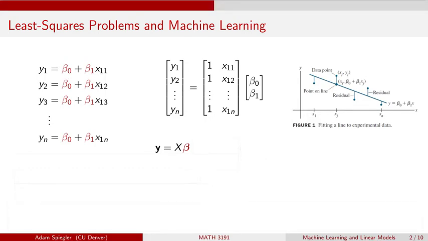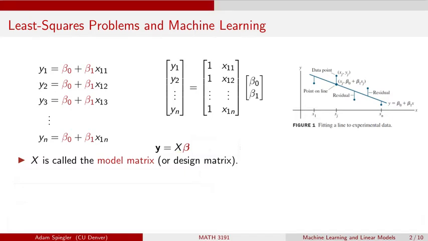So we have a matrix equation to go along with that system of equations that we can write more concisely as column vector y equals matrix x times column vector beta. Each of these constructions has a name.